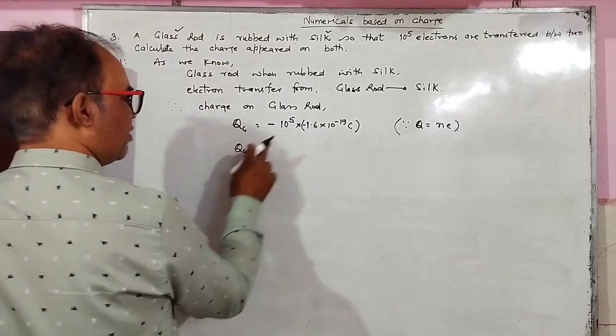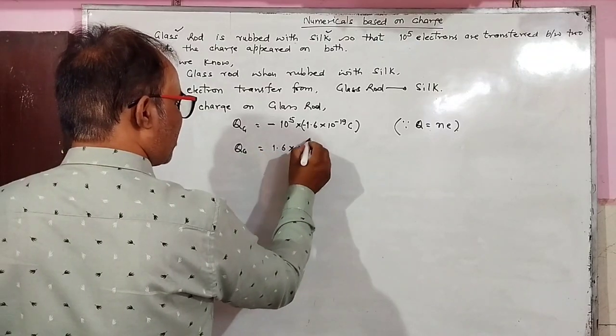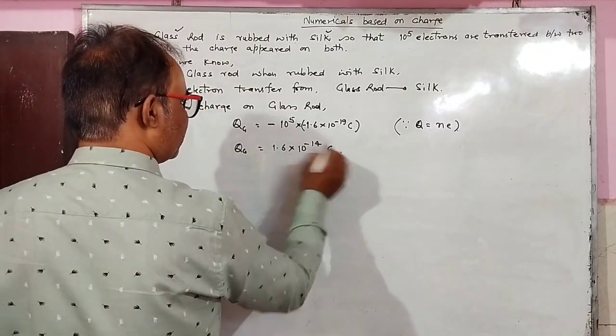Charge on glass rod will be 1.6 into 10 to the power minus 14 coulomb.